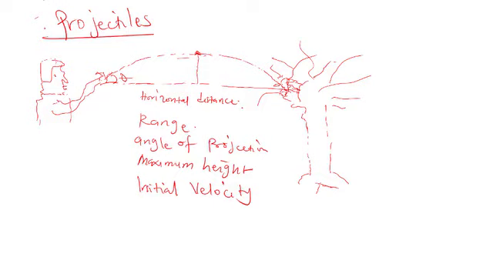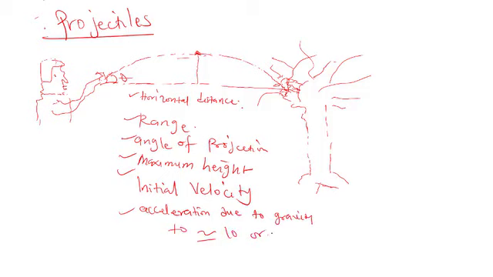So next time you want to perform a motion that has to do with projectile, there are certain things that we need to count, just like what I've listed here: 1, 2, 3, 4, 5. These are the 5 key things that we really need. I will always consider the acceleration due to gravity to be approximately 10 or 9.8 meters per second squared.